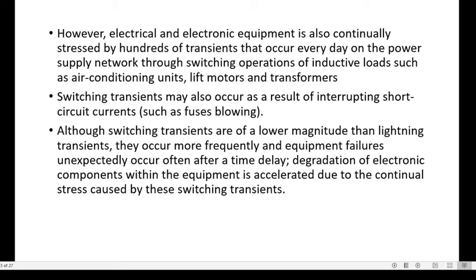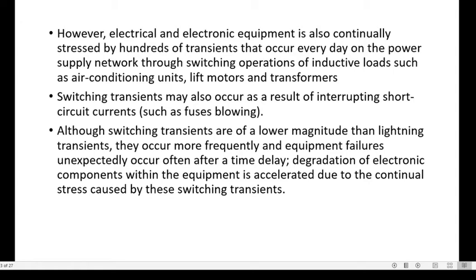Switching transients may also occur as a result of interrupting short circuit current, such as the blowing of the fuse or tripping the MCBs. Although the switching transients are of lower magnitude than the lightning transients, they occur more frequently, and equipment failures unexpectedly occur, often after a time delay.